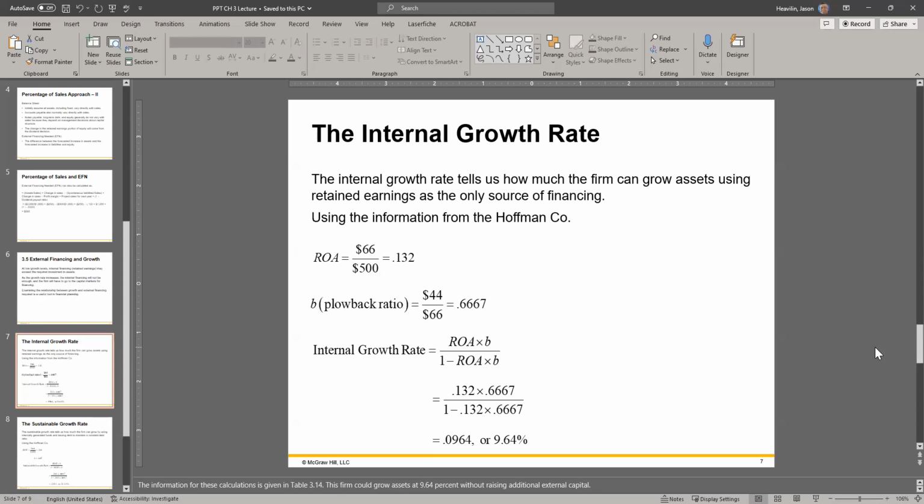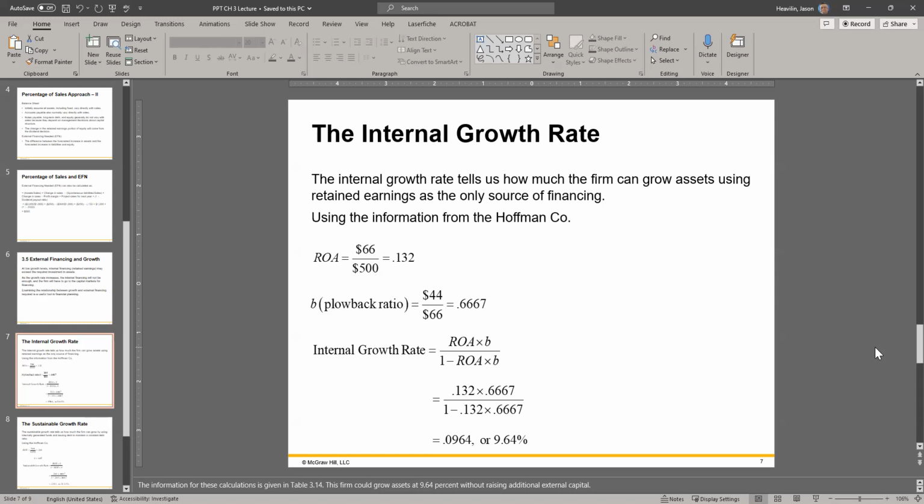And what they did is they retained in the company 44 out of those 66, meaning they paid out 22 in dividends. So the retention ratio is you take the 44, what they retained, divided by the net income, and you get 0.6667. So now we have that number.